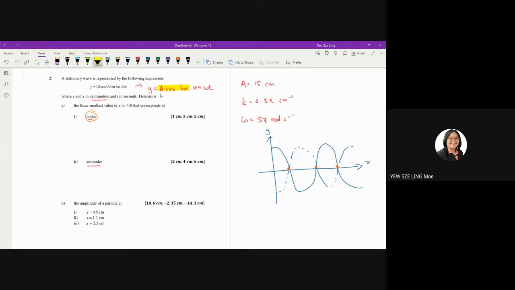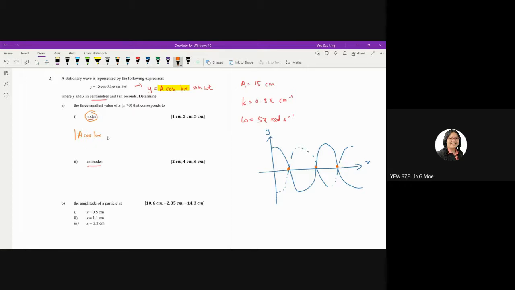Of course you can say A is also equal to 0, but that has no meaning at all, because if A equals 0, then what are you going to calculate? So to calculate the position, we use A cos kx.